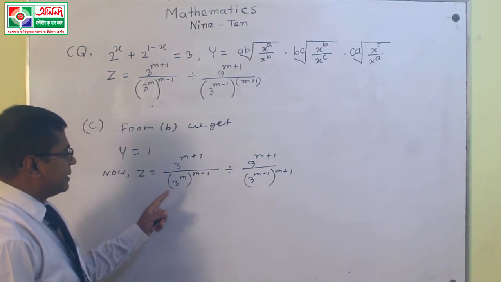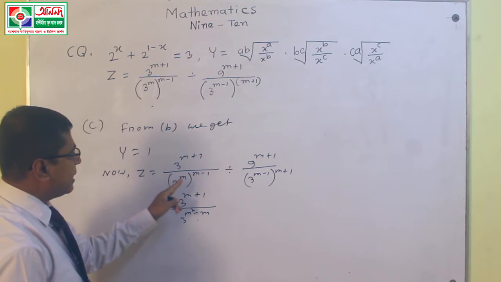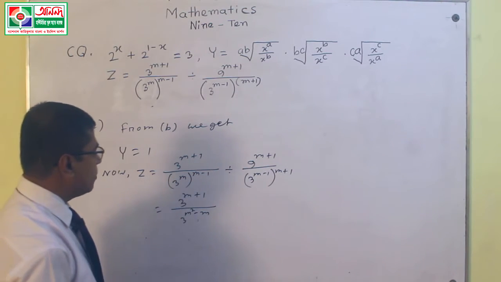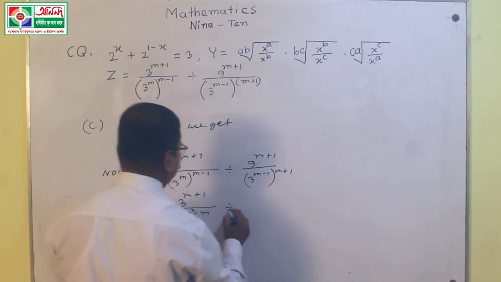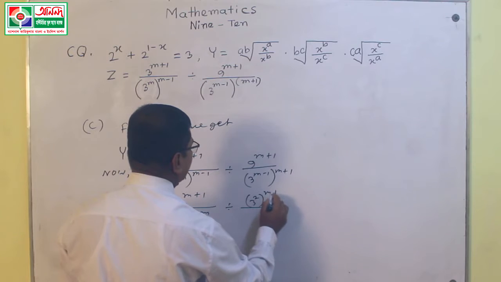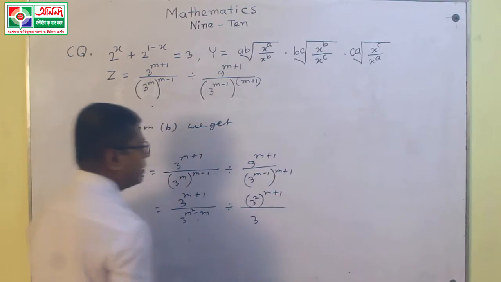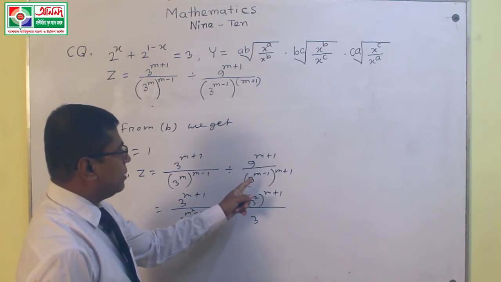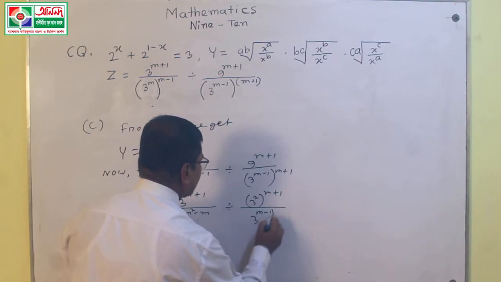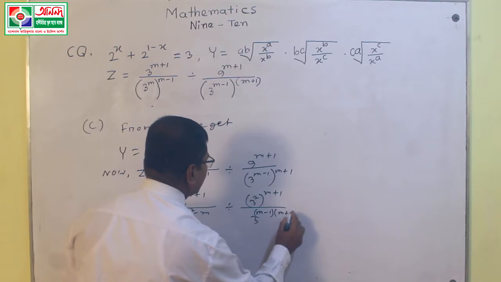We will simplify z. Here look at, I have multiplied the power and power, m into m square, m into minus 1 minus m, divided by 9. You can write 3 square and m plus 1. Here look at, the base is 3 and we will multiply the power and power. So you can write here m minus 1 into m plus 1.